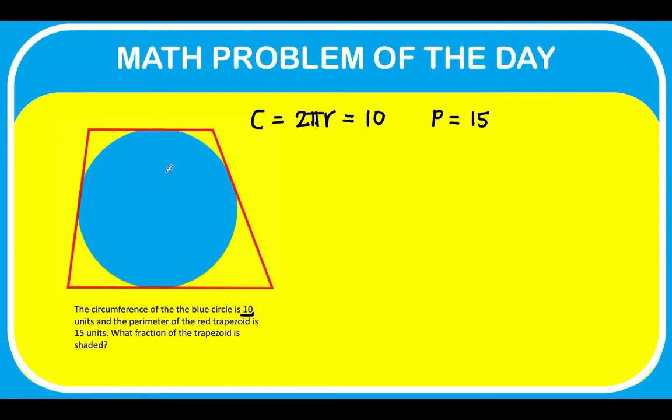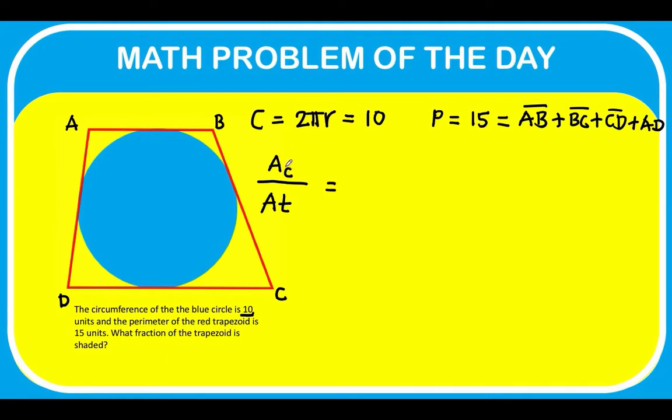And so if we call this point A, this is B, this is C, and this is D, the perimeter of 15 is equal to the sum of side AB plus side BC plus side CD plus side AD. And what we would like to know is what fraction of the trapezoid is shaded. So our denominator is the area of the trapezoid, and the shaded is the area of the circle.